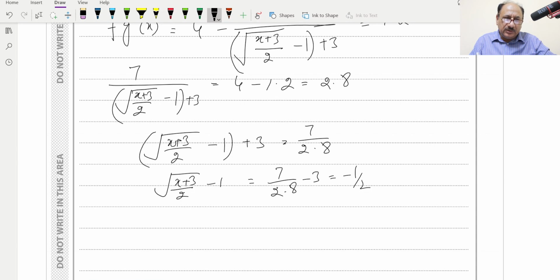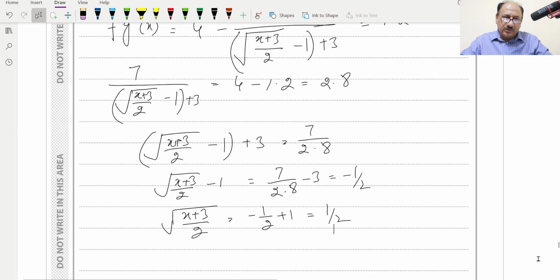So we can write this as minus 1 by 2, and further we can shift 1 also to the other side. So under root (x plus 3) over 2 is equal to minus 1 by 2 plus 1, which is equal to 1 by 2.